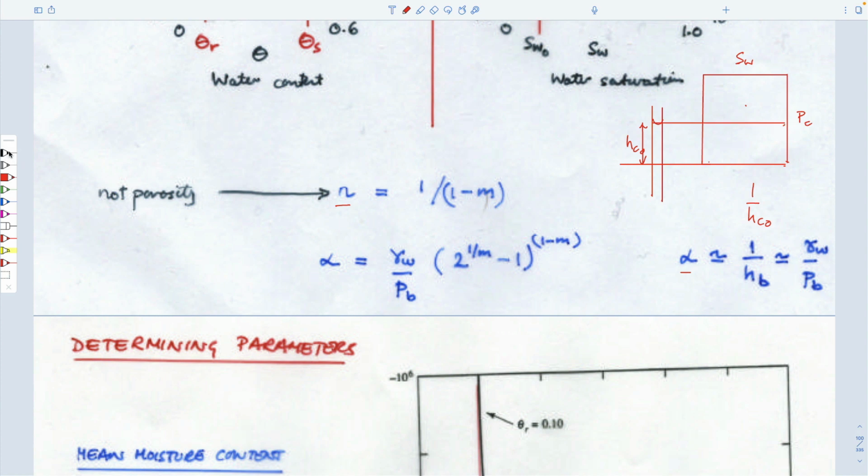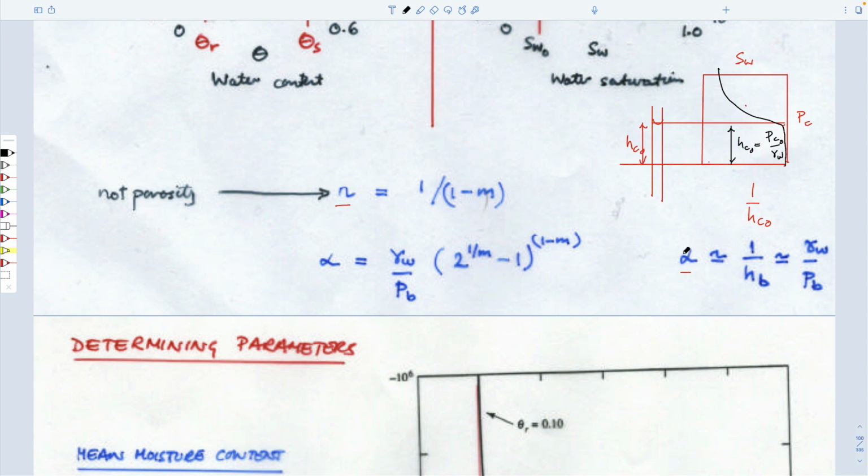I meant to change the color, but I didn't, apparently. Then this here is HC0, which is equal to PC0 over the unit weight of water. That's how these relate to each other, which you know.